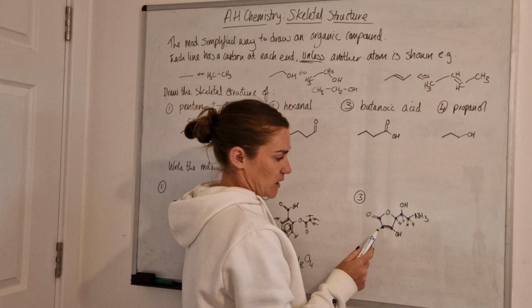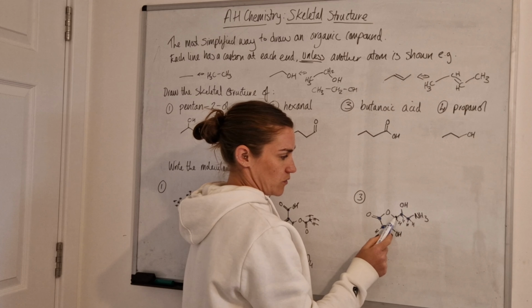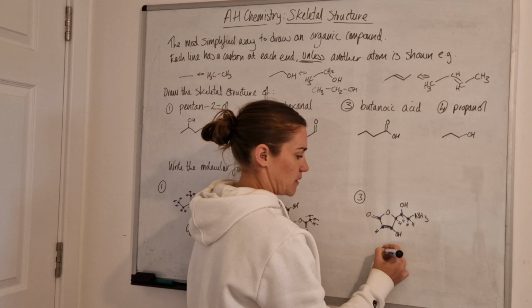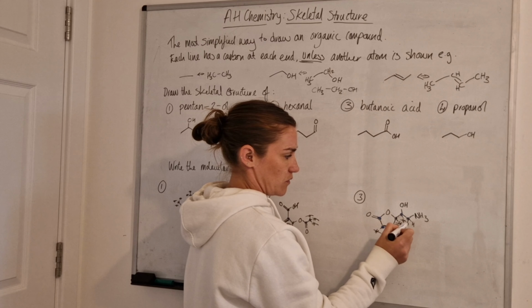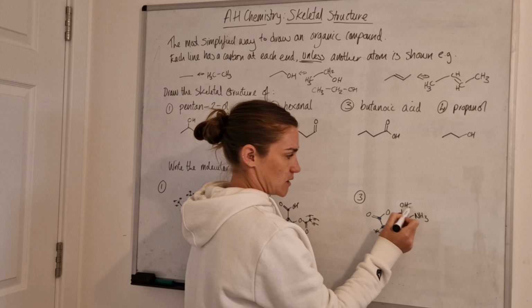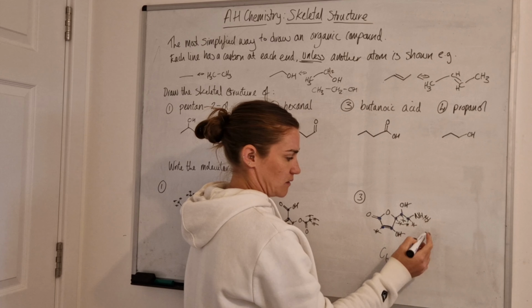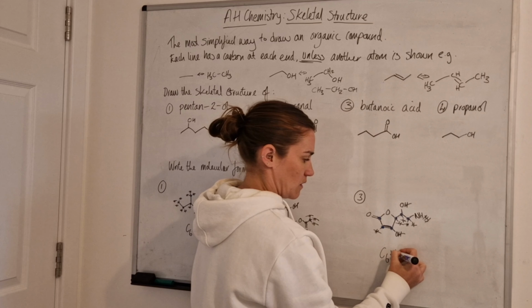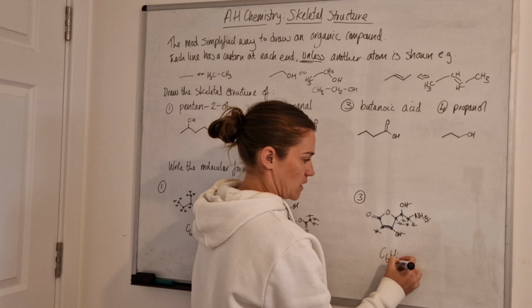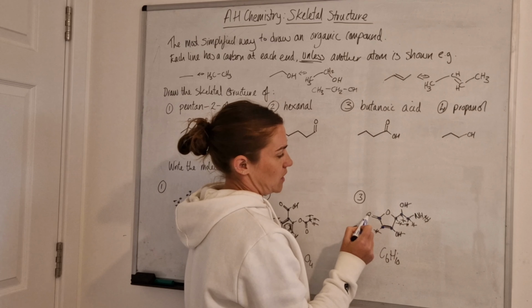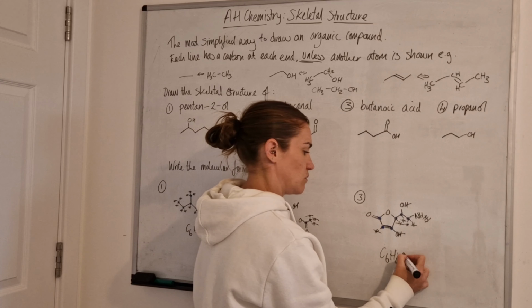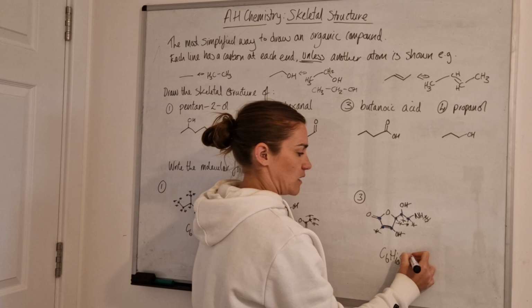So now the easy bit, counting them up. We've got 1, 2, 3, 4, 5, 6 carbons. And then the hydrogens, 1, 2, 3, 4, 5, 6, 7, 8, 9, 10. And then you can just double check you've not missed any. And then lastly, the oxygens and nitrogens, we've got 3 oxygens, so O3, and then nitrogen.